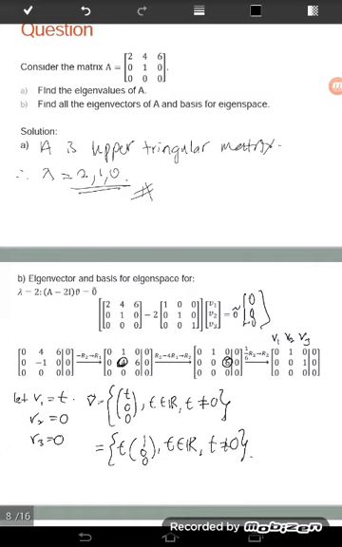Therefore, the basis for the eigenspace of lambda equal to 2 is 1, 0, 0.